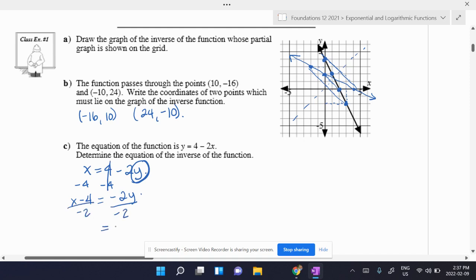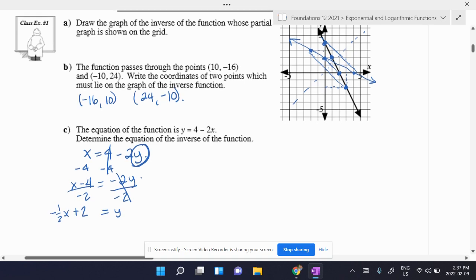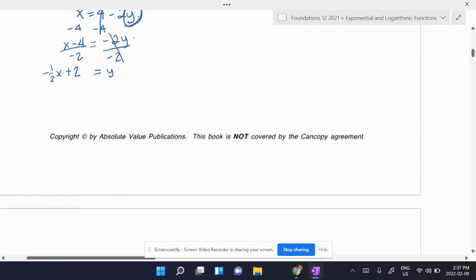And this is going to be equal to y, because that crosses itself out. So then I have a negative 1 over 2 x, and a negative negative, so positive 2. And that is the inverse, the equation.